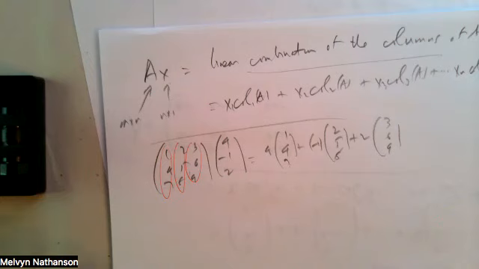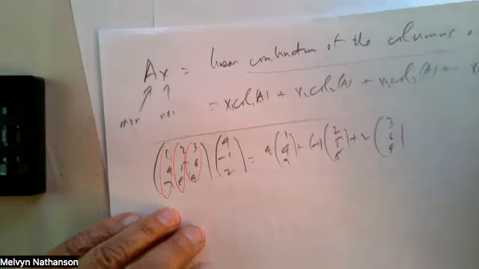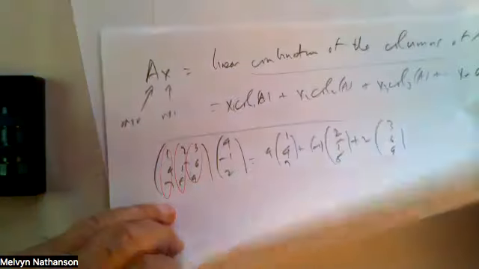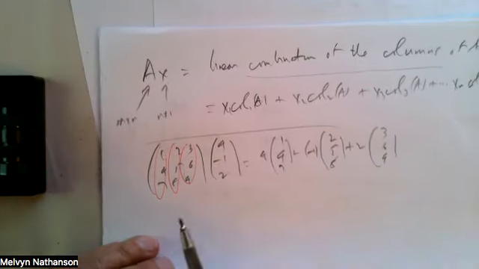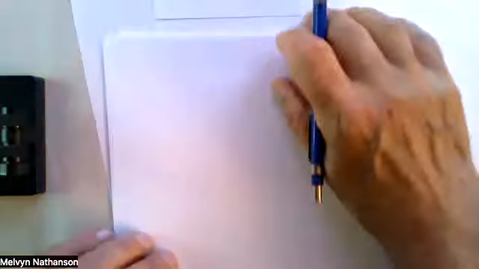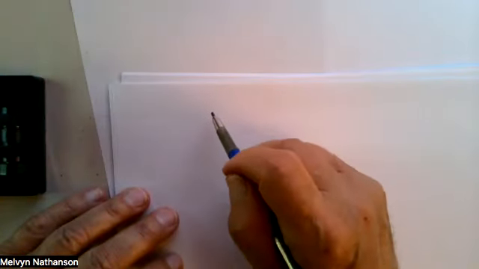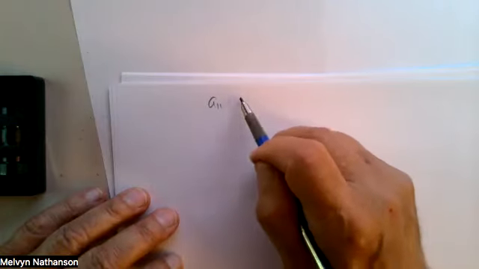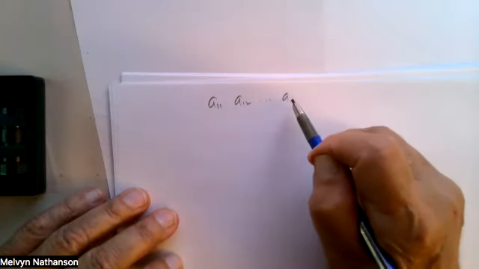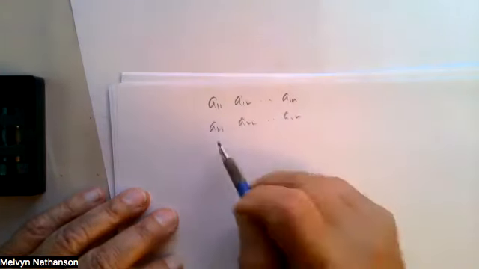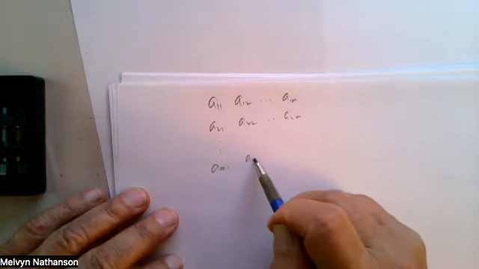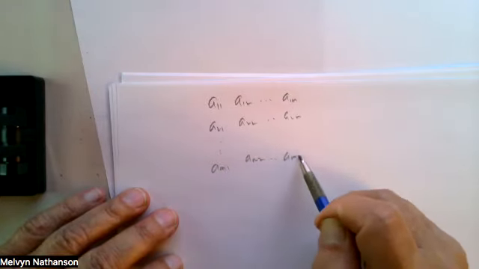And we have an analogous way to understand what happens when you multiply a matrix by a row vector on the left. So let's take a look at that. Suppose I have an m by n matrix, A11, A12 up to A1n, A21, A22 up to A2n, down to AM1, AM2, AMN.